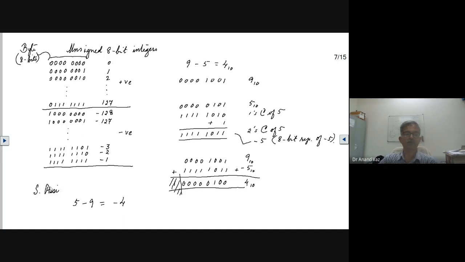It's a small assignment. All of you should do this. Do it for 8-bit representation. Okay. So this is the task for all of you. You have to do this. 5 minus 9 is equal to minus 4.